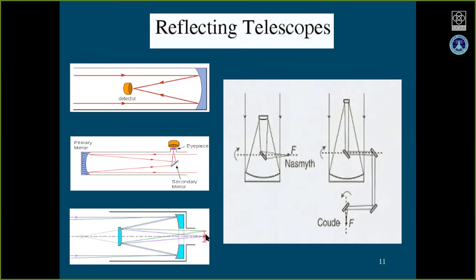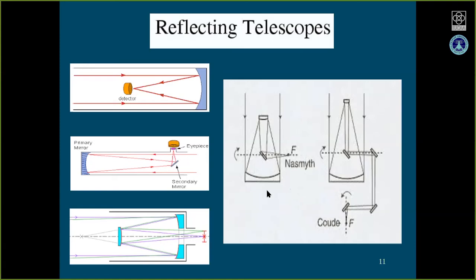That is the reason why people use this kind of Cassegrain focus. This is the primary mirror. At the center of the primary mirror there is a hole, so that the rays reflected by the secondary mirror will pass through and focus at the focal plane.